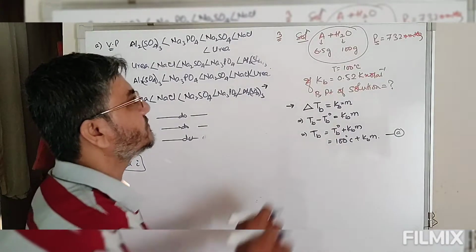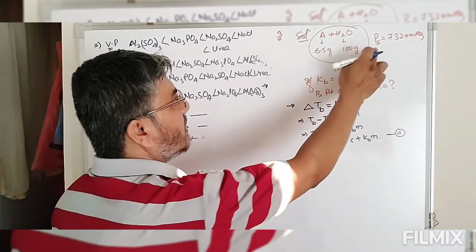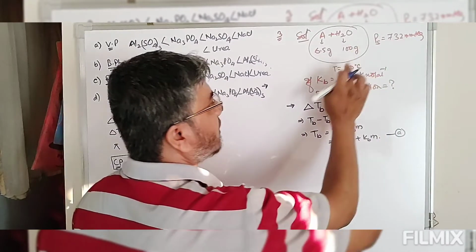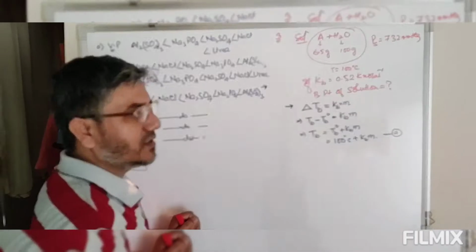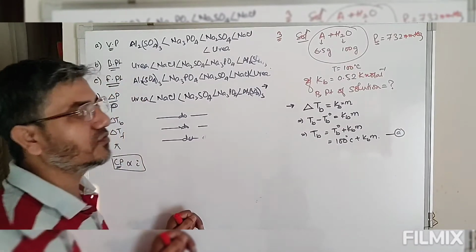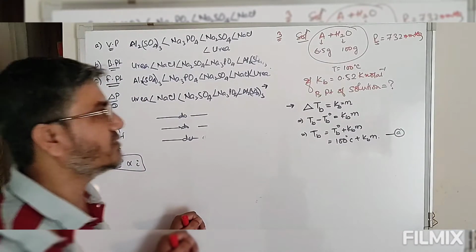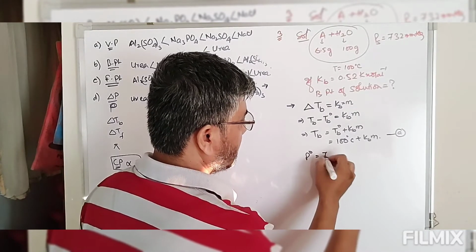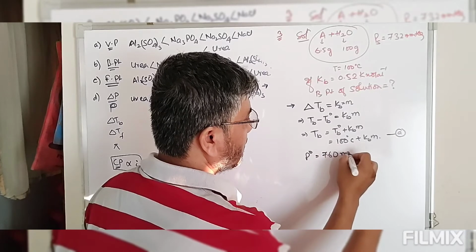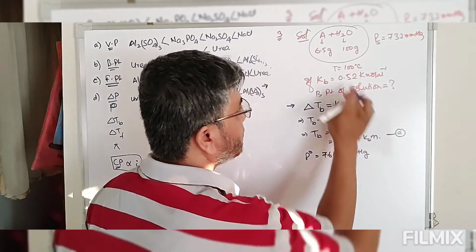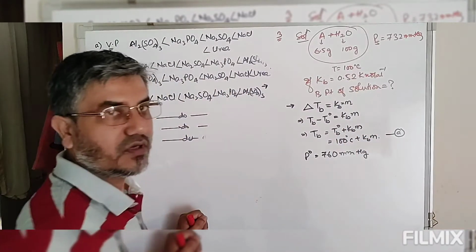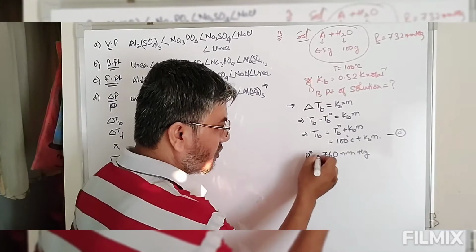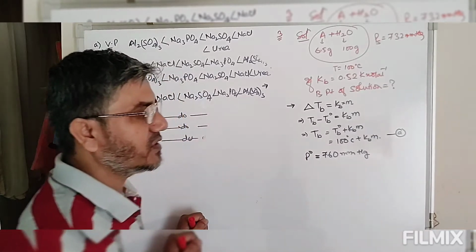Now look at this, we have the vapor pressure of solution. Temperature is given as 100 degree centigrade. So that is the boiling point of water. So at this, the vapor pressure of pure water will be 760 millimeter of mercury, which is the normal boiling point. So at normal boiling point, the external pressure is 760 millimeter of mercury.